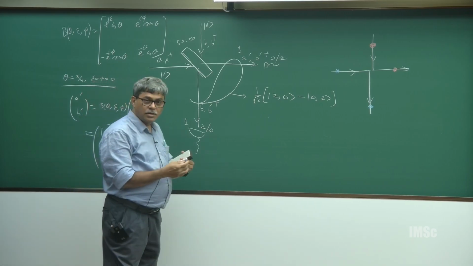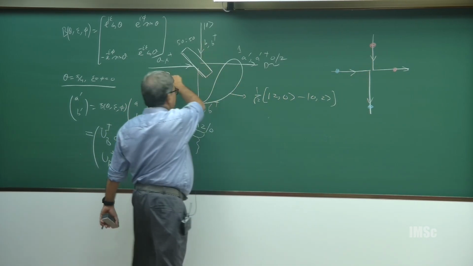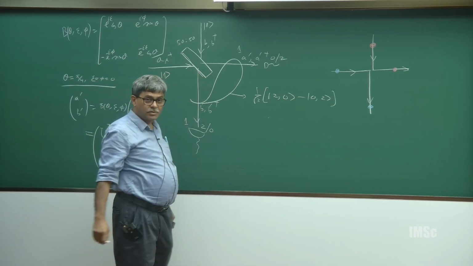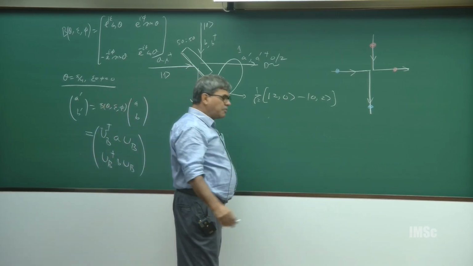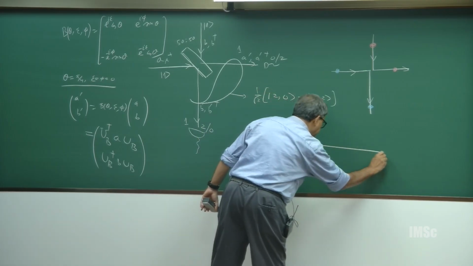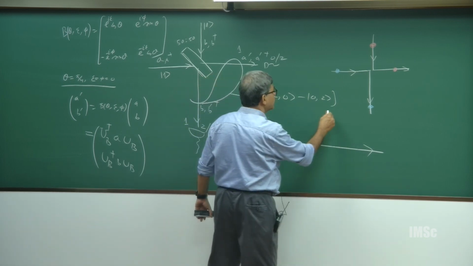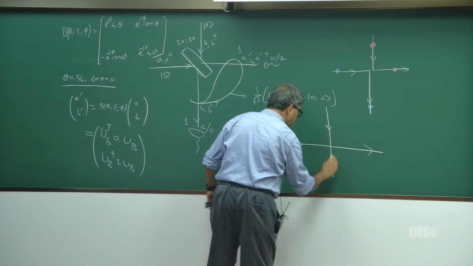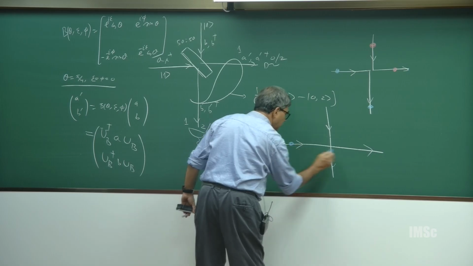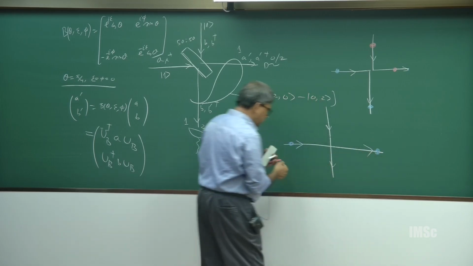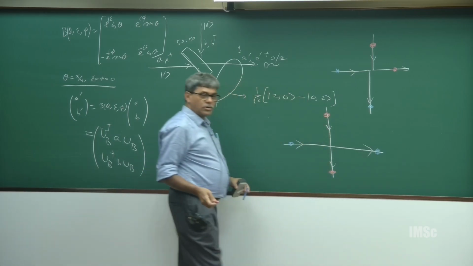These are the two incident photons you have. I mean, this is pictorially, you know. The other possibility is that the red one goes down and the blue one goes right. Okay.